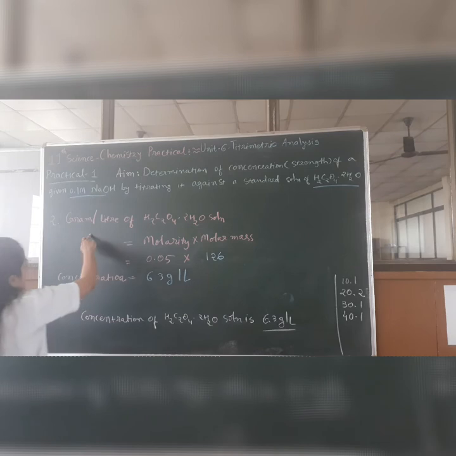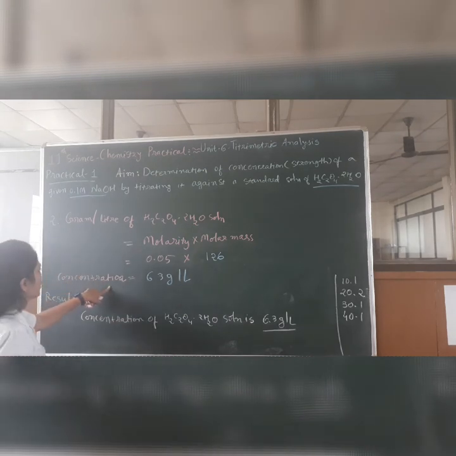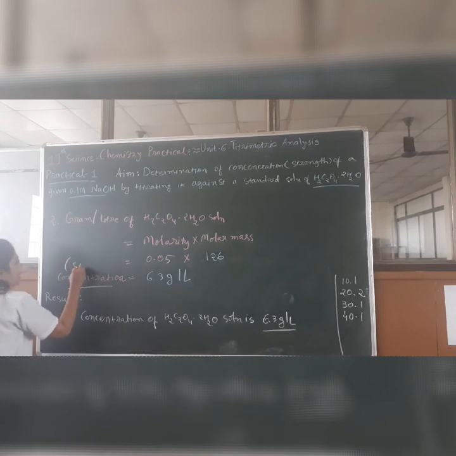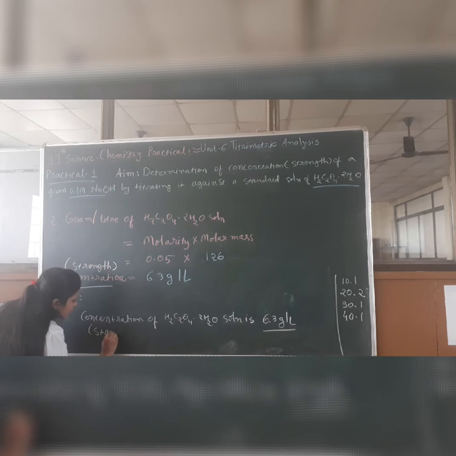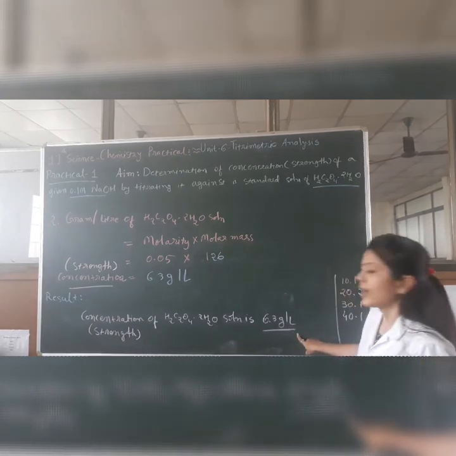Let's move to the result. After calculating gram per liter, that is the concentration, in brackets strength. Now the last result: the concentration, strength of the oxalic acid solution is 6.3 gram per liter.